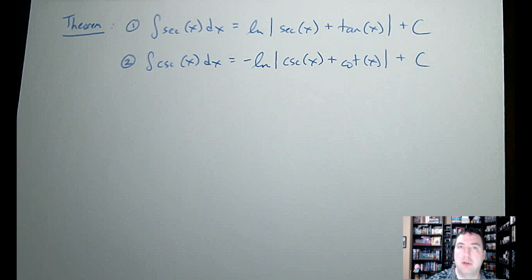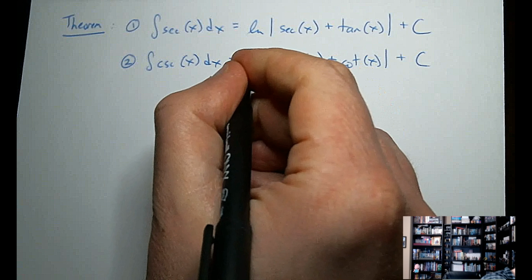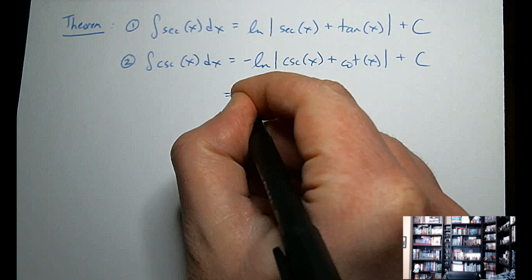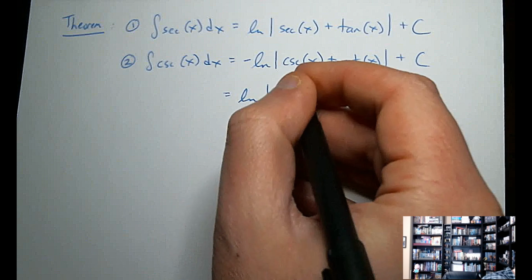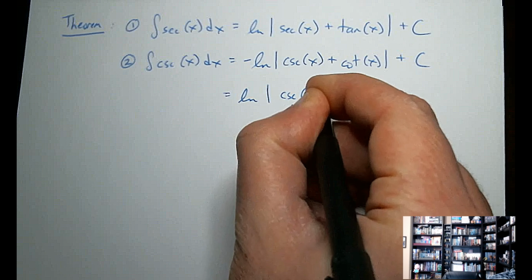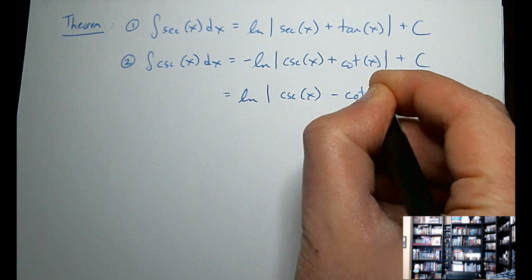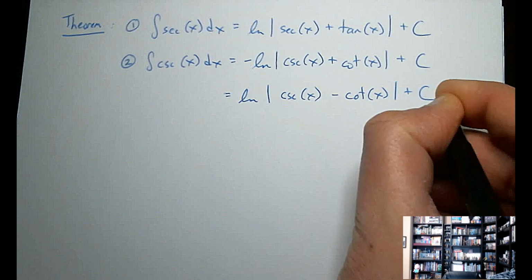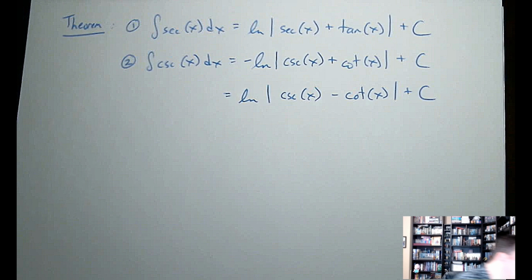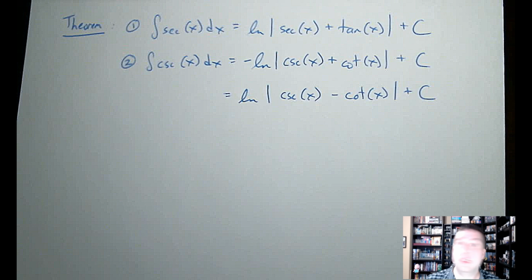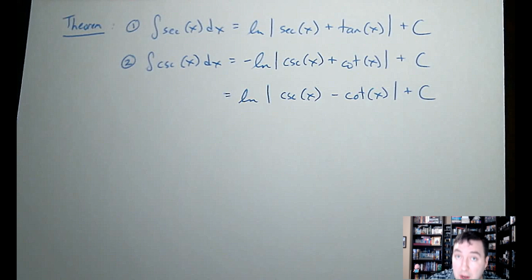I won't go through the algebra of doing it, but with a bit of work, you can show that if you'd prefer to have a positive coefficient here, then this means the same thing as the natural log of the absolute value of cosecant x minus cotangent x plus c. And again, you'll see both of these cited in different textbooks. It doesn't matter which one you use. They are completely equivalent.